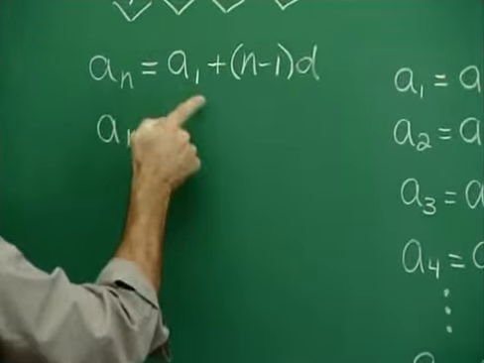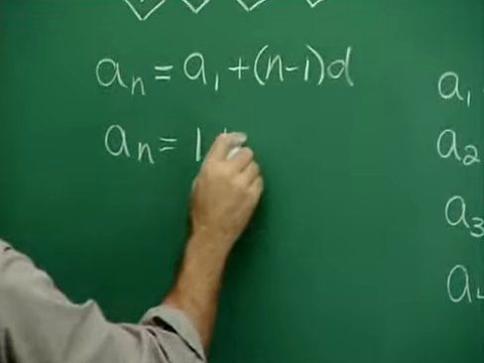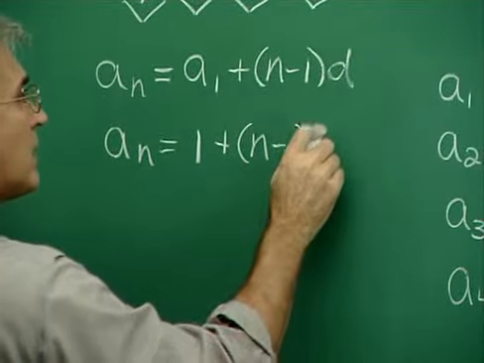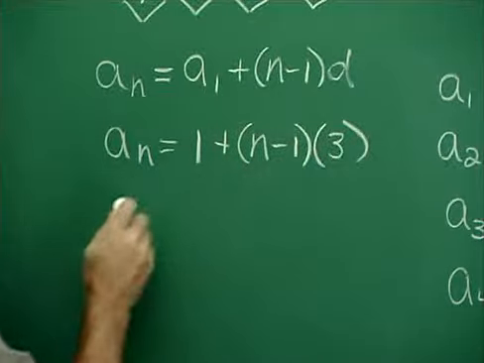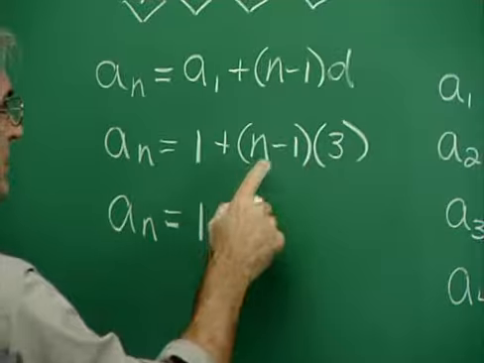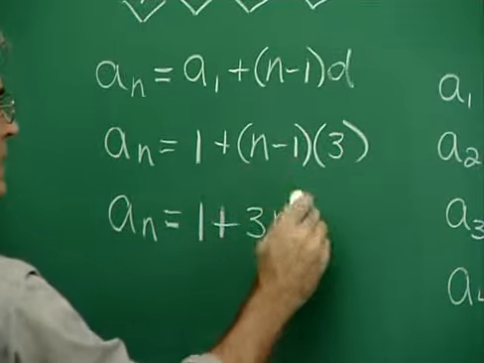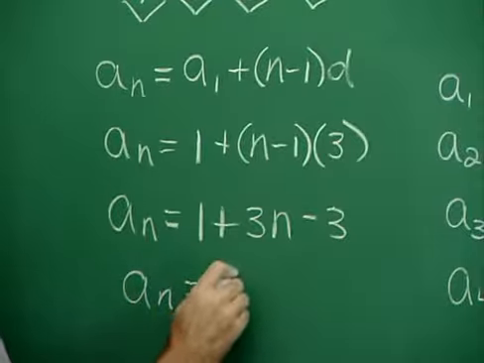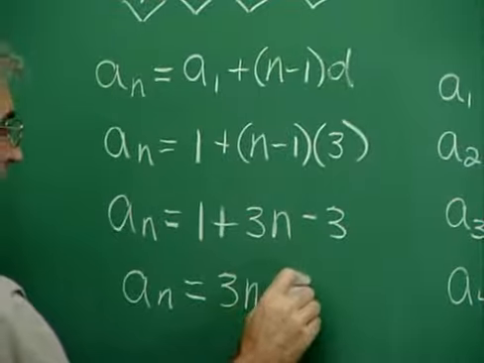For this sequence, A sub 1 is 1. And we have n minus 1 differences, but the common difference we know to be 3. And now just evaluate this expression. We have 1 plus 3 times n, 3n, 3 times negative 1, negative 3. And collecting here, we find A sub n to be 3n minus 2.